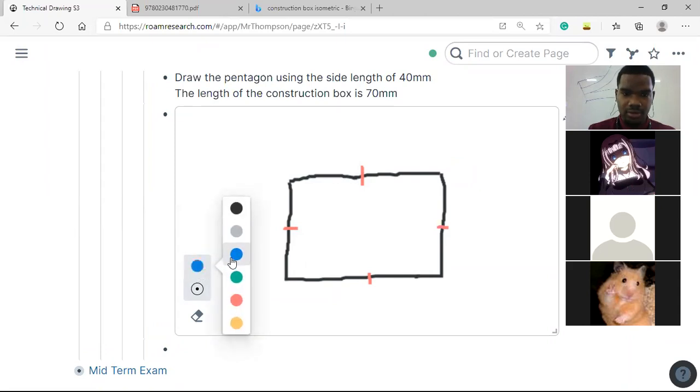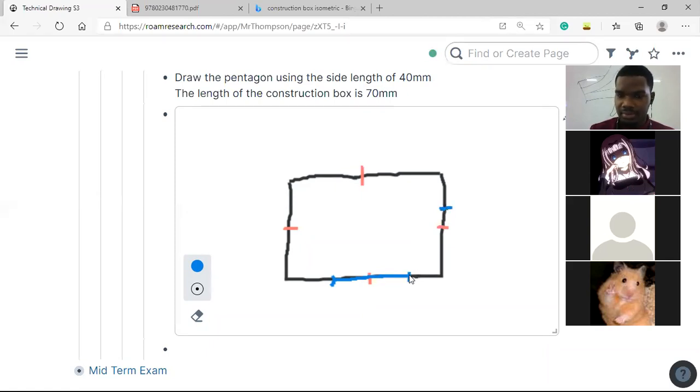Let me go with a different color. Here we go. So we know that one side is 40, as I said, so we're going to go 20 out, 20 here. Highlight that point. That's going to be our base. All right. And then now they said that this side is 40 up. So I can measure from this point going up 40. I know that 40 is going to be about here. All right.